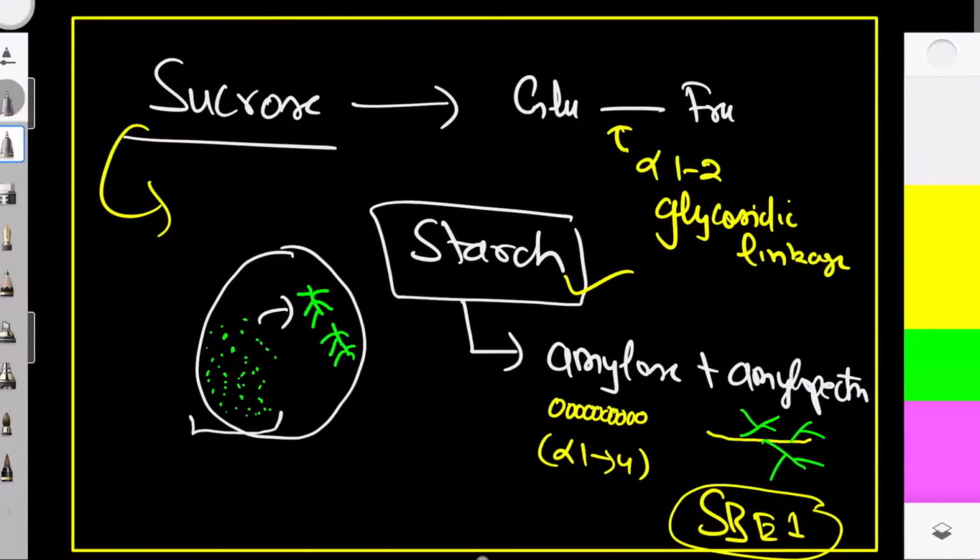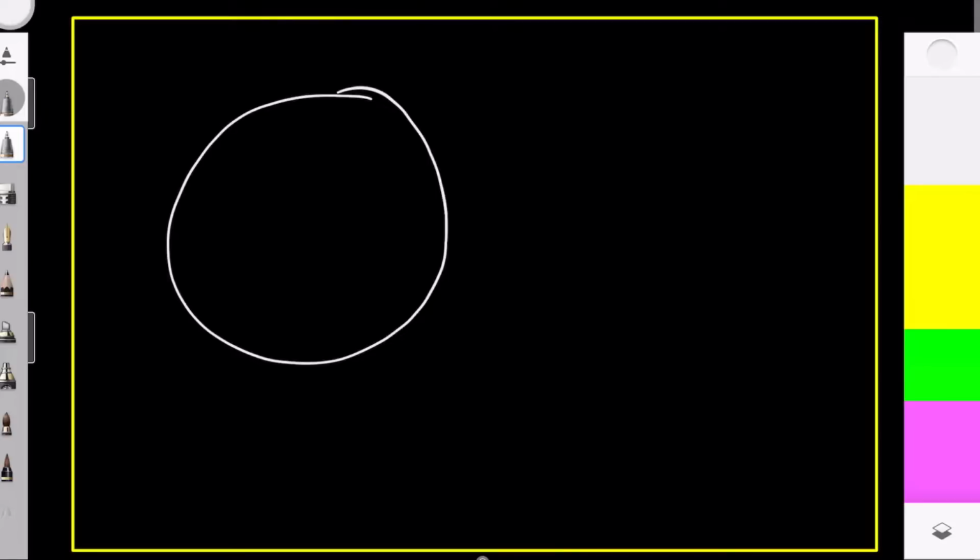Now here you must be knowing that when you have anything, let's suppose this is anything, and you have this number of molecules of solute, what will happen if there is some semi-permeable membrane?